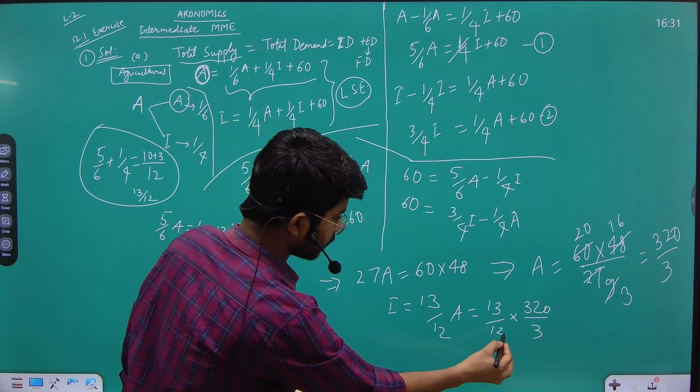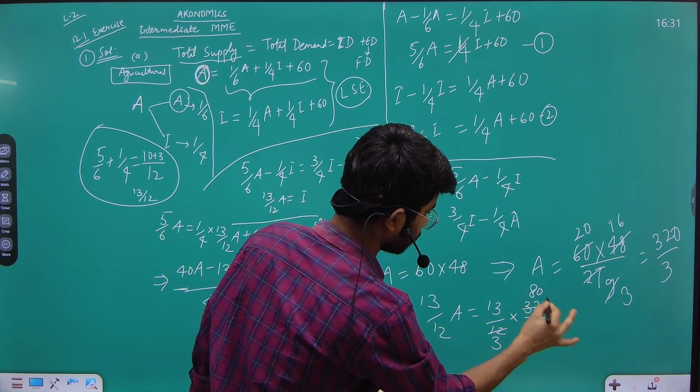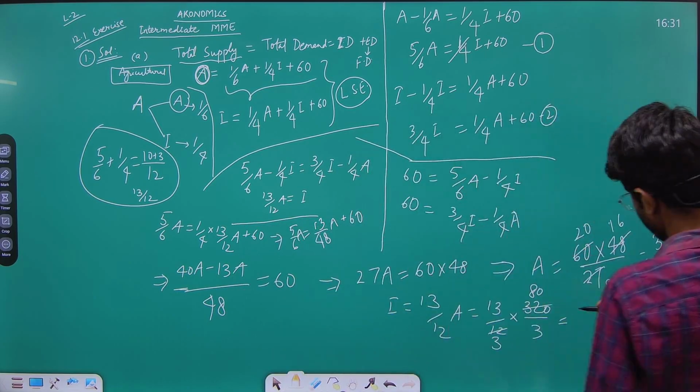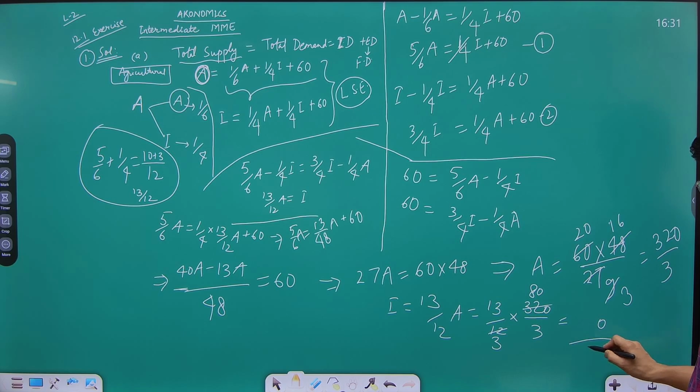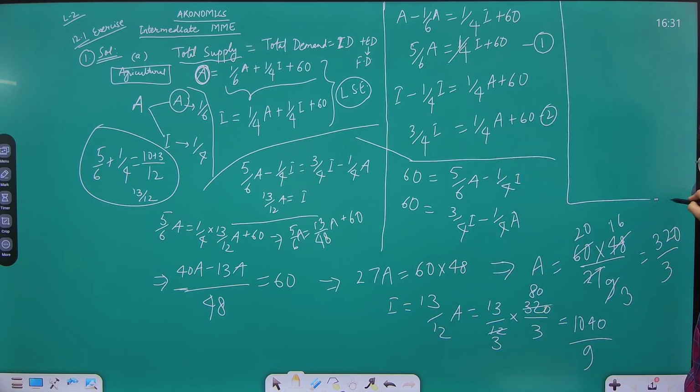So you will have, here you can write 3, it would be 80. 8 into 13 you will have 104, so you will have 1040 divided by 9 as the value of I. Okay, so whatever the requirement of the total production was, you will get A equal to 320 by 3 and I equal to 1040 by 9.